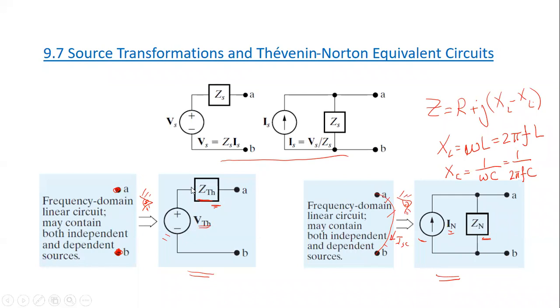So the impedance in Norton equivalent and the impedance in Thevenin equivalent are the same, and this can also be understood from the source transformation. Any questions on this slide, please?